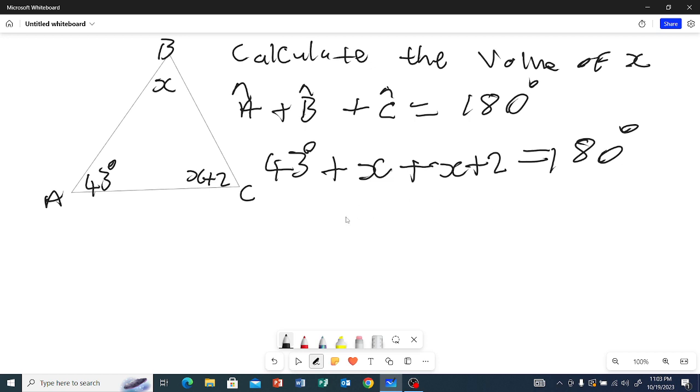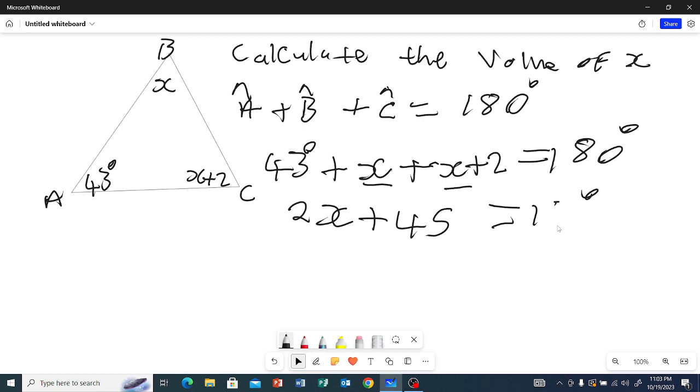Now 43 plus 2 is equal to 45, which is equal to 180 degrees.